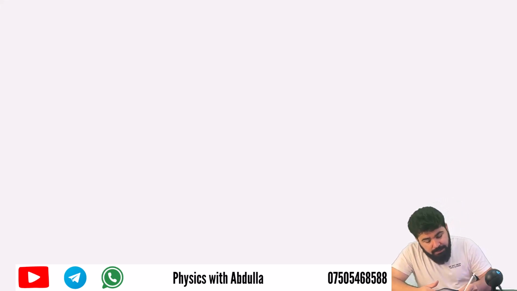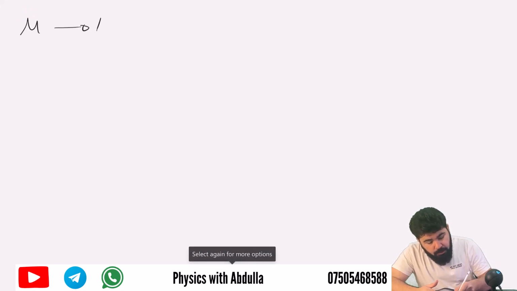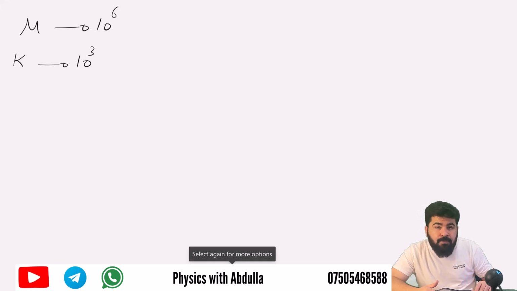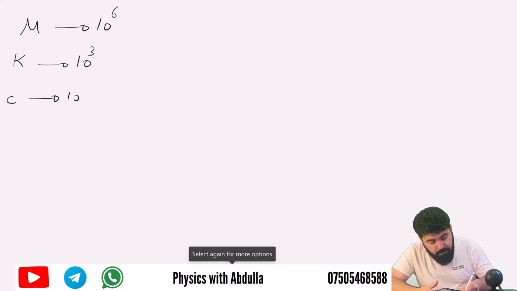Okay, so we had mega, which was equal to 10 to the power of 6. Then we had kilo, which was equal to 10 to the power of 3. Then we had centi, which was equal to 10 to the power of negative 2.